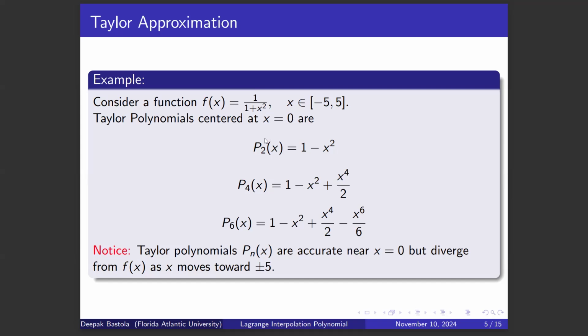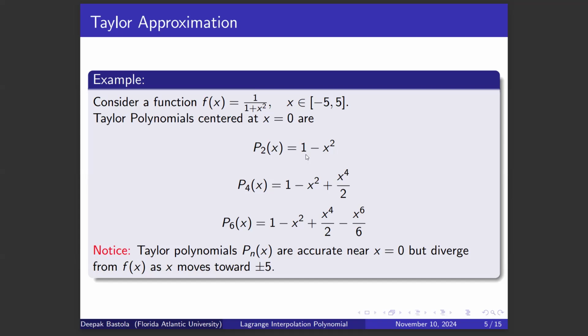And if you apply the same thing at x equals 0, at the center, then the second degree polynomial 1 minus x squared essentially becomes p2(x) equals 1. So it's exactly the same. It's not even just a better approximation, it's exactly the same value.